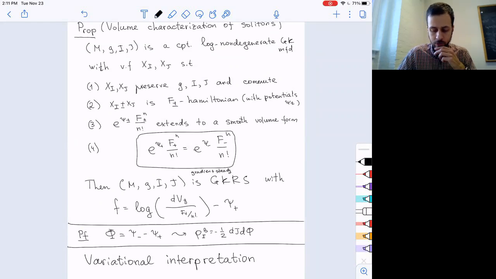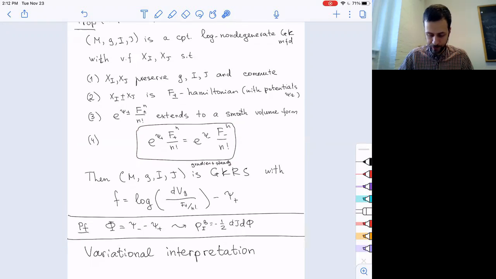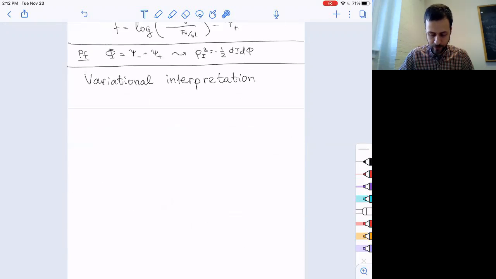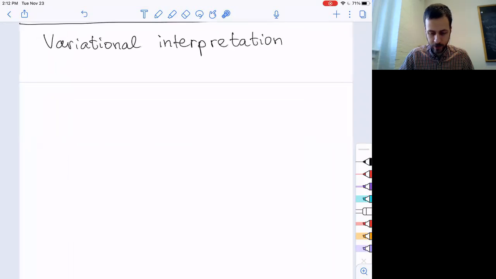I would like to consider a generalized Kähler class, I recall what it is, and look for solutions to this equation in a given generalized Kähler class. And to this end, I will define some functional whose critical points will be exactly solutions to this equation. So let's start this part.